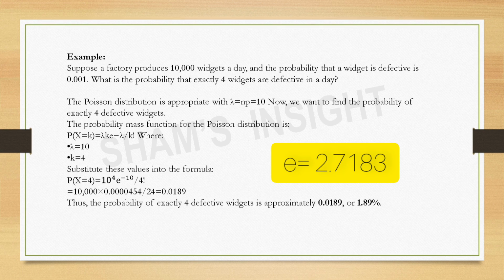Now e is a mathematical constant. Its value is approximately 2.7183. I'm not sure, you can check it. And by solving this, we get the answer 0.0189. So thus the probability of exactly 4 defective widgets is approximately 1.89%.